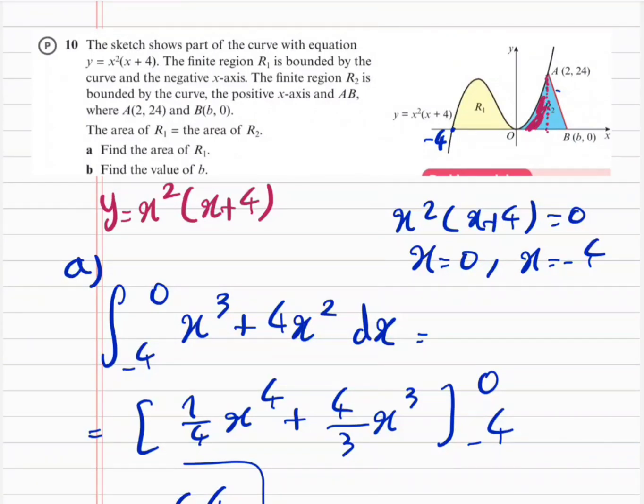If you only integrate the curve from 0 to 2, that's going to give you the area of the red region. We still need to find the area of this blue region, and that's simply the area of this triangle. That gives us the area of the remaining part of R2. If we only rely on the curve, we are not going to get the entire area of R2.